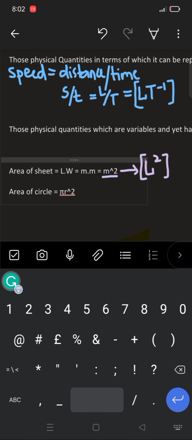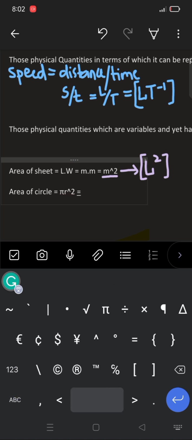Pi r square. Now an important thing to be noted here is that pi is dimensionless. It does not have any type of dimension, so we have to neglect this pi here. We need to neglect all the things which are dimensionless in dimensional analysis.